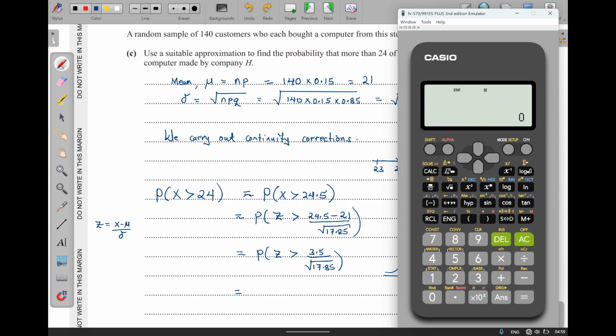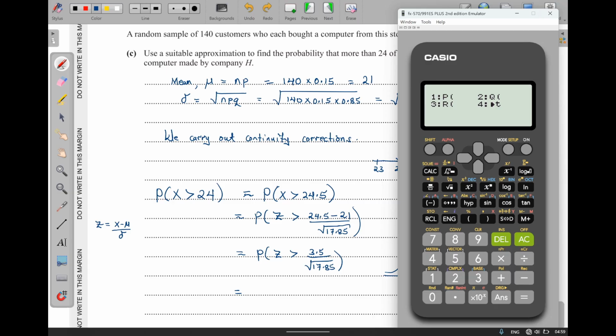So you press it, then stat comes on your screen. Then when stat comes on your screen, you press shift, then you come to button number 1, that is where we are having stat. Okay, so you press it, then you go to option number 5, which has distribution. So you press 5, and then the P you are seeing there is for less than.